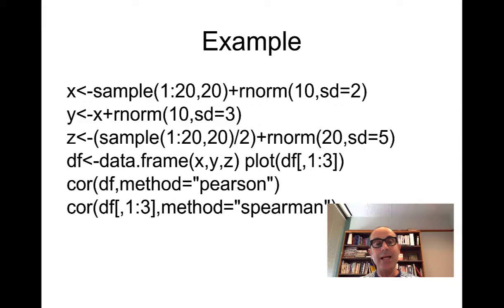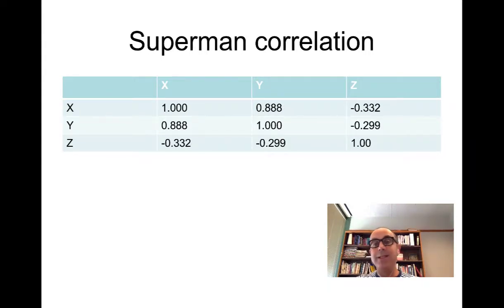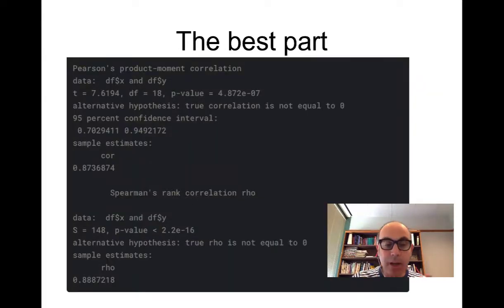So in this case, I can do Pearson, I can do Spearman, or I can do any type of analysis in order to calculate that. And this is again the power of R. With Pearson correlation, this is what I found. In Spearman, this is what I found. And where is the biggest asset of R?